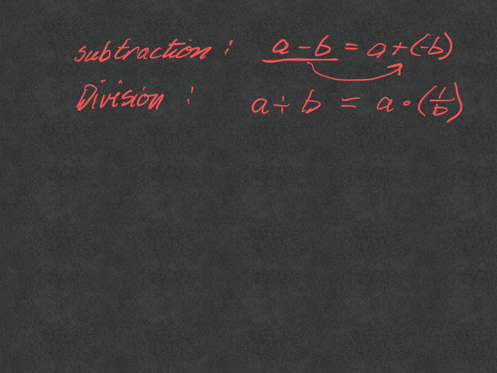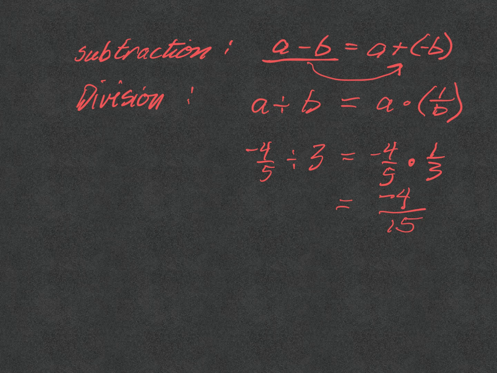So for instance, if I have negative 4/5 divided by 3, all right, then I can rewrite that as negative 4/5, the original number, times the reciprocal of 3. What that does is that turns my problem into strictly a multiplication problem. All right? And so then I get negative 4 over 15.